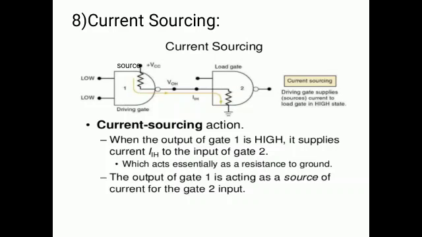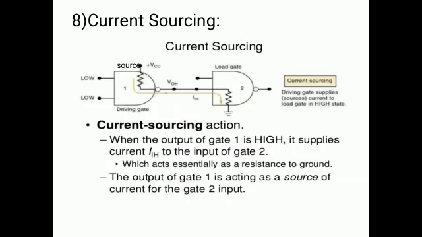So when both the inputs to the NAND gate are low, its output will be high. So that voltage is denoted by VOH, and due to this it will supply some current to the input of the load gate. That is called as current sourcing.